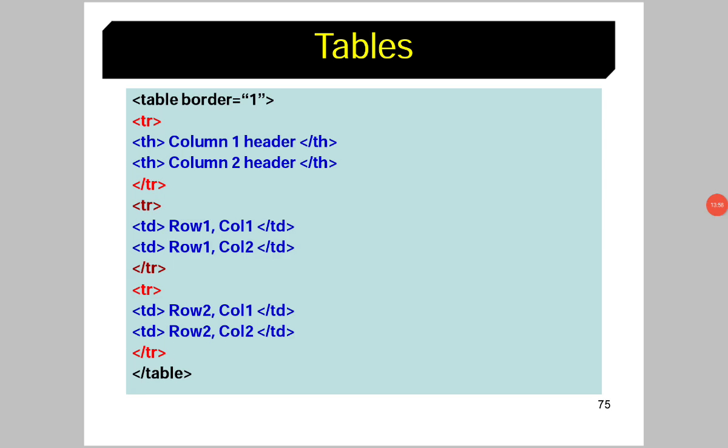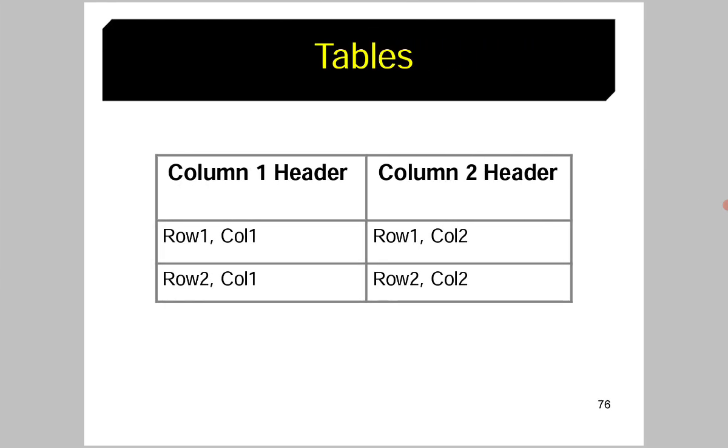In this example we create a table with 3 rows and 2 columns. So this is the output of the table.